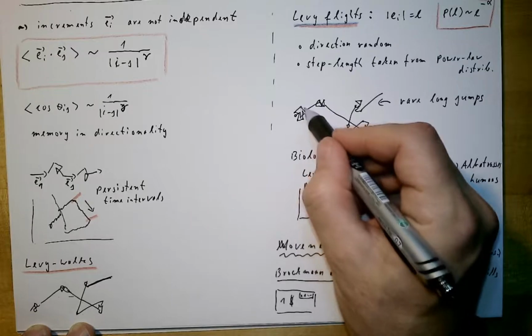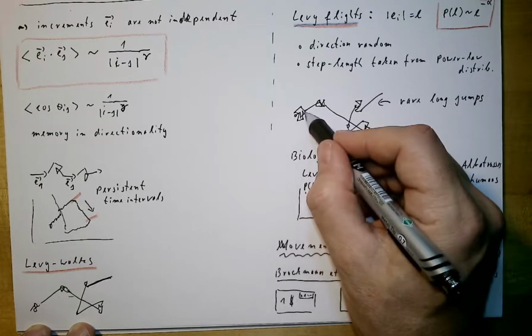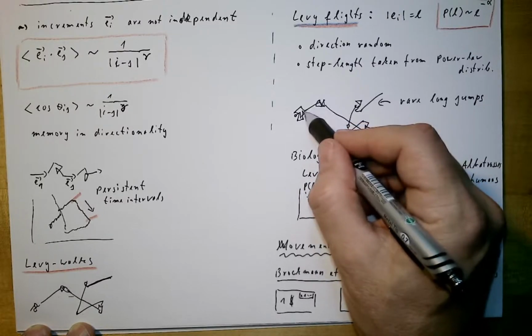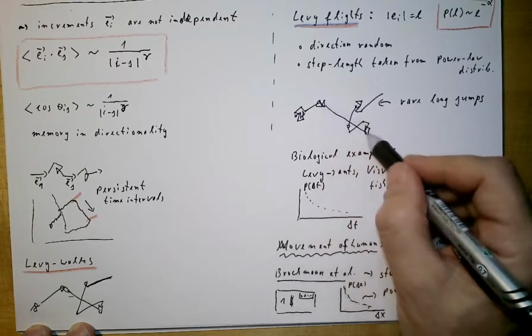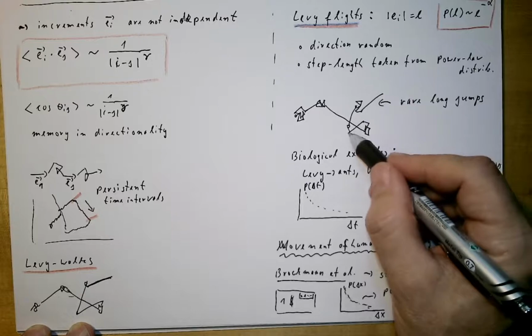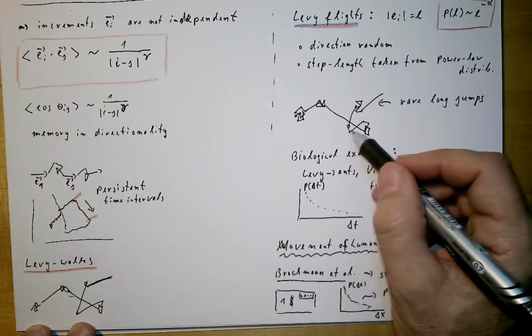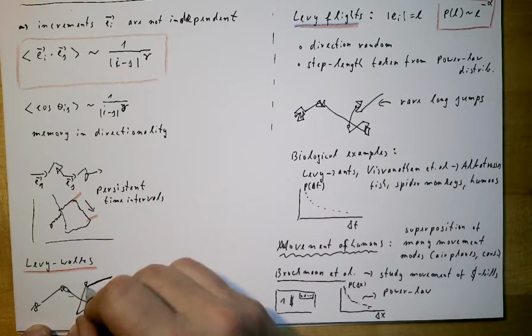So on average the velocity is very small, and then he makes a long step, but the long step is done in one time step. So we have a very slow velocity, then one very fast velocity jump, and so forth. That's not so realistic for many animal movements.